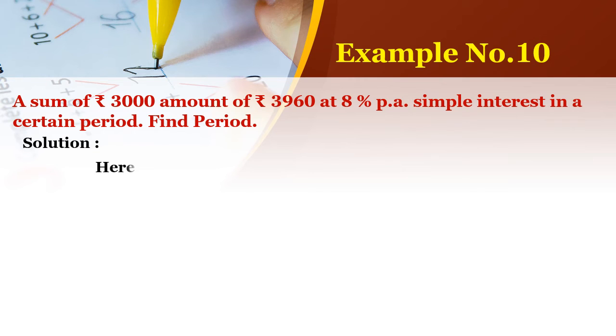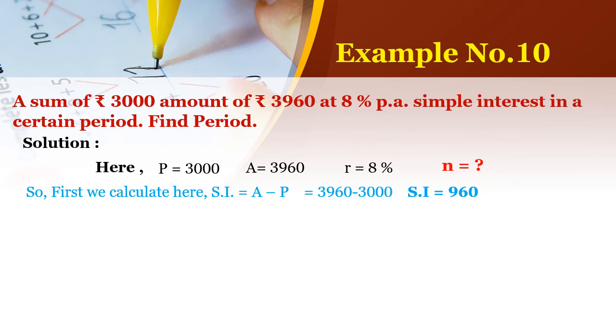So solution here: P is equal to 3000, A is equal to 3960, R is equal to 8%, and N is equal to question mark. So first we calculate the simple interest, which is equal to A minus P.